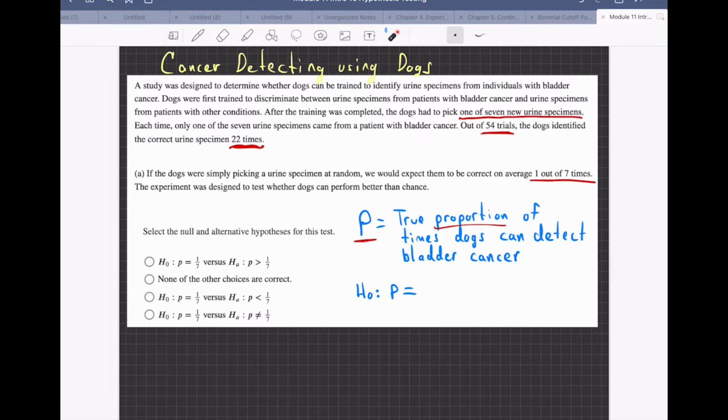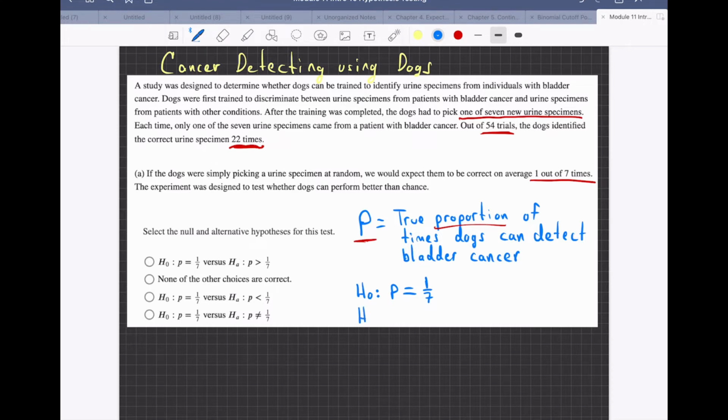Maybe the same as the people, right? So 1 out of 7 times only by chance. So P is 1 out of 7. Again, null hypothesis, parameter equal to something. In this case, P equal to 1 out of 7.